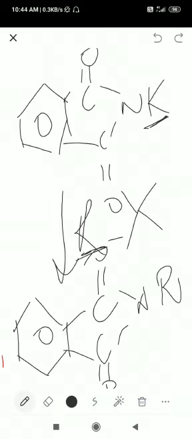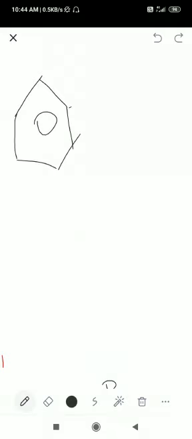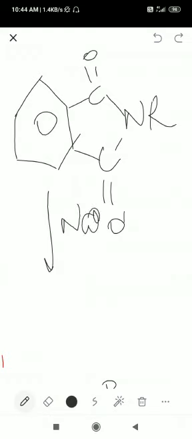To this we have got C double bond O, C double bond O, NR. We will add NaOH, aqueous. When we add NaOH, we again get a salt basically.